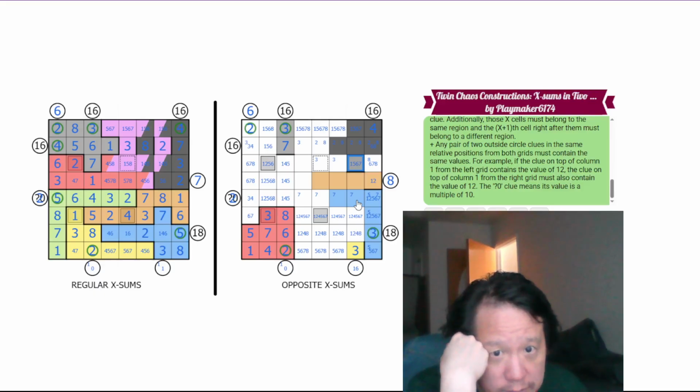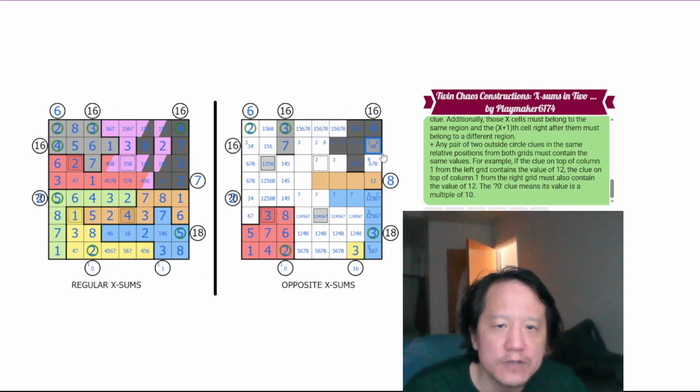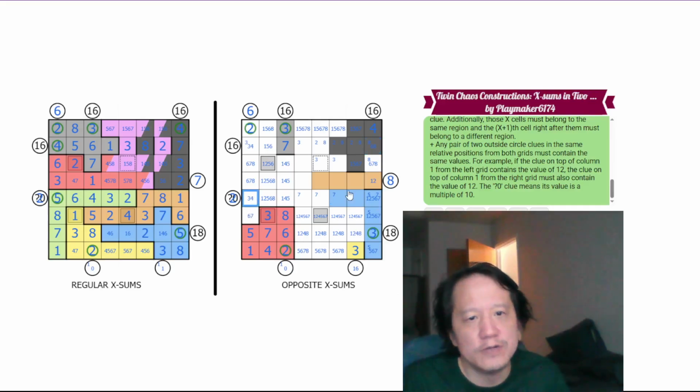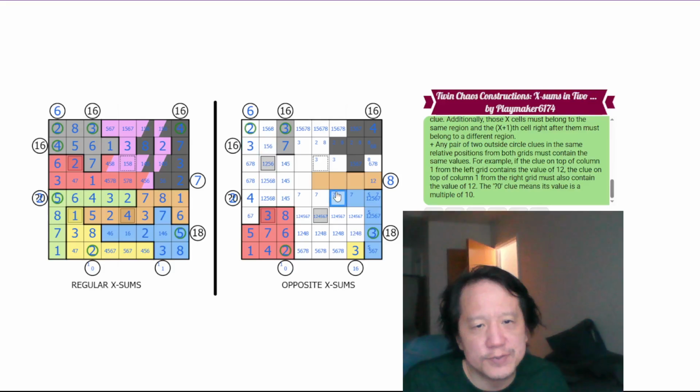What are the other possibilities? Obviously, no 2 here. So, if this is 4 and this is 3, that means this is blue going out there. This is boundary. Well, we already knew this was boundary.